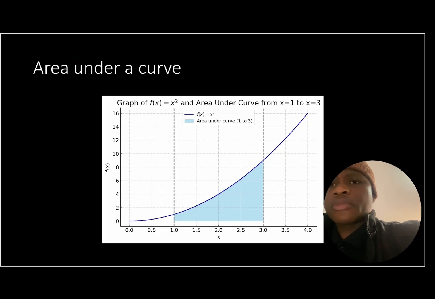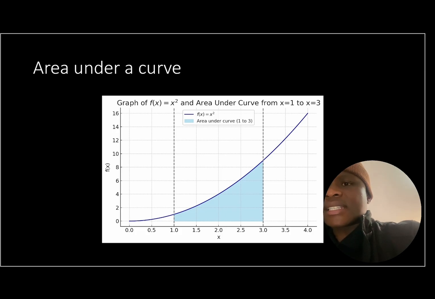All right, let's move. Remember I said I'm going to demonstrate using a visual aid of an area under a curve. This is what I was going to use. We are given a graph of f of x is equal to x squared and an area under the curve from x equals 1 to x equals 3.